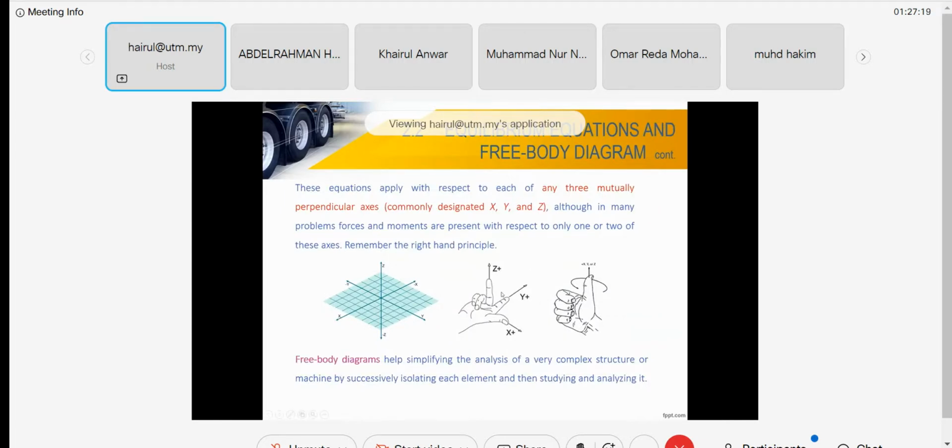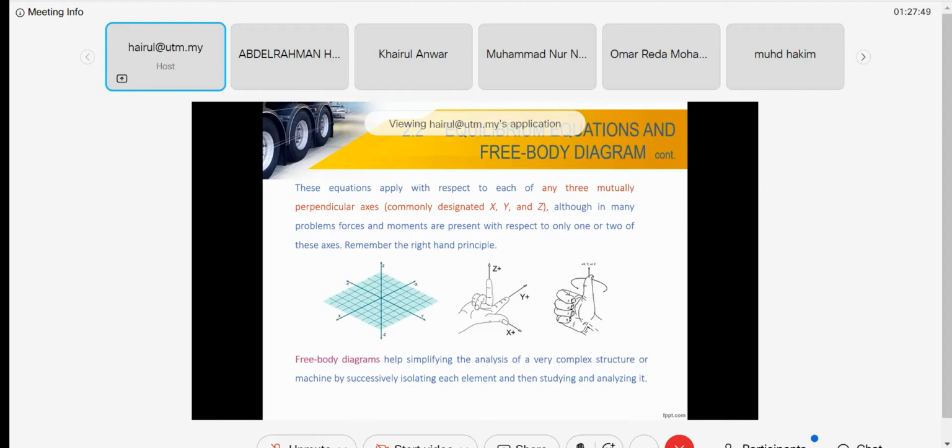Like forces have three components. You must know the direction of force using the right hand rule. Your force can be in terms of the direction of X, Y, and Z. And you also have to know the direction of moment and torque.